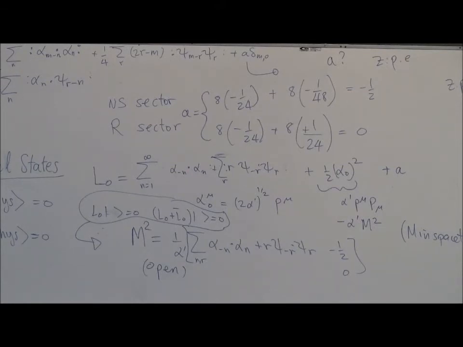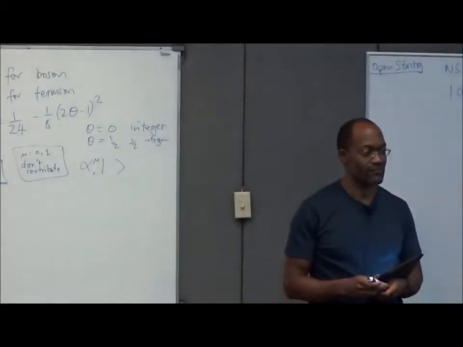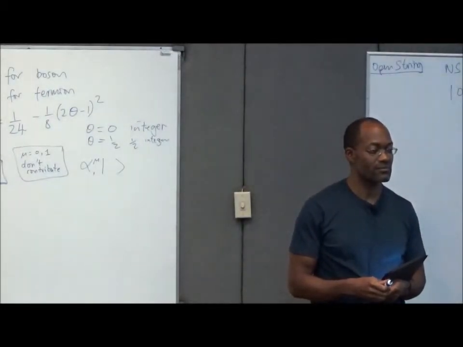The mu 0 is not physical, because from the 10-dimensional perspective, if I compute the norm of that state, it would be negative because it's a ghost. So for example, I gauge them away.